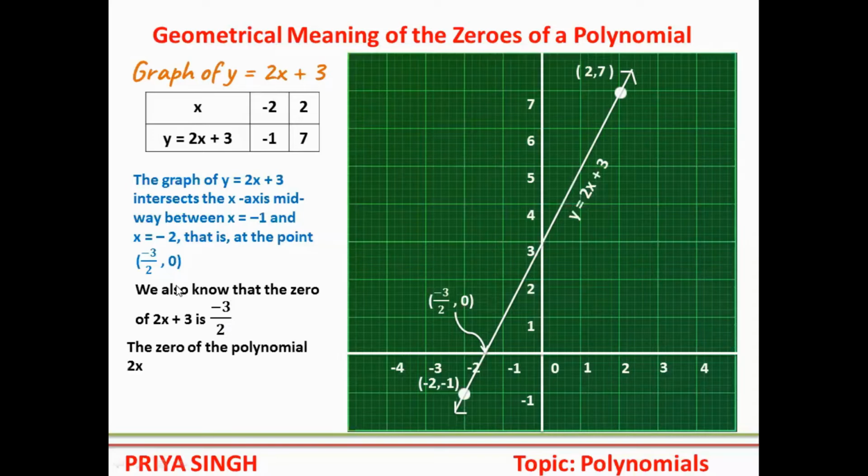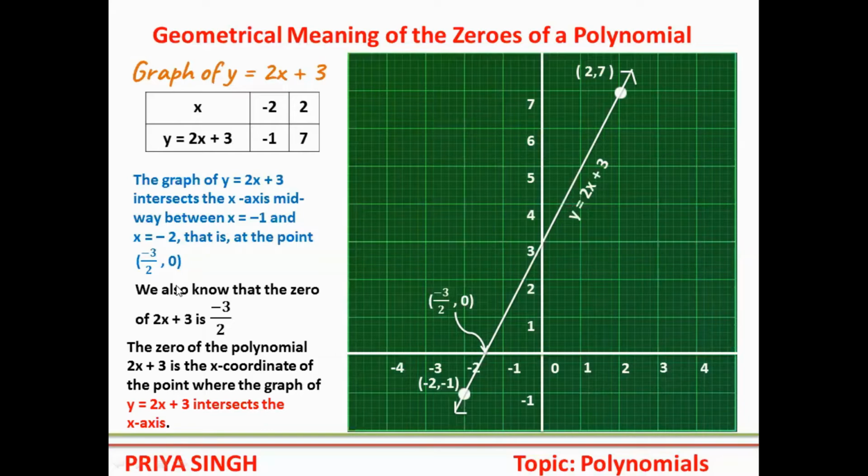The 0 of the polynomial 2x plus 3 is the x coordinate of the point where the graph of y is equal to 2x plus 3 intersects the x-axis. In short, if I say the line is intersecting the x-axis at a point, we will take that x coordinate as the 0 of the polynomial.